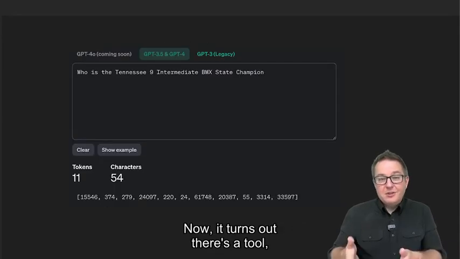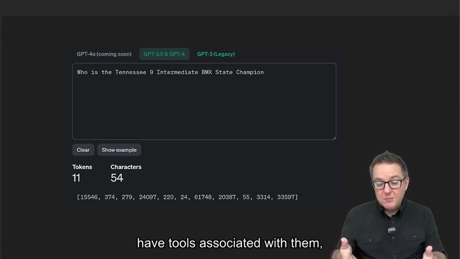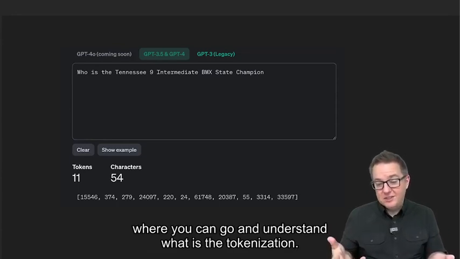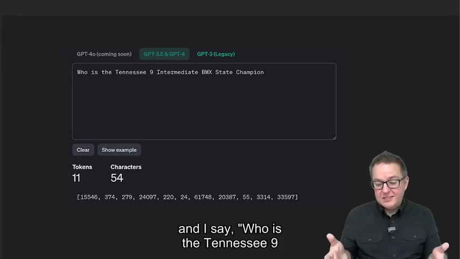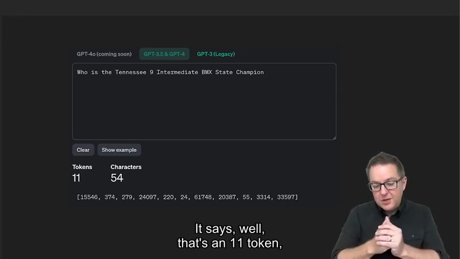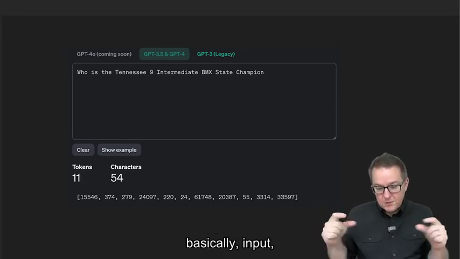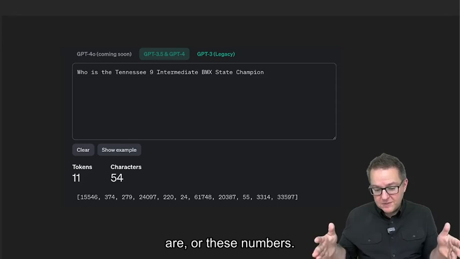Now, it turns out most of these big models have tools associated with them where you can go and understand the tokenization. In this example, I go into OpenAI's tool and say, who is the Tennessee 9 intermediate BMX state champion? And it says that's an 11 token input, and it shows me the token identities, these numbers.